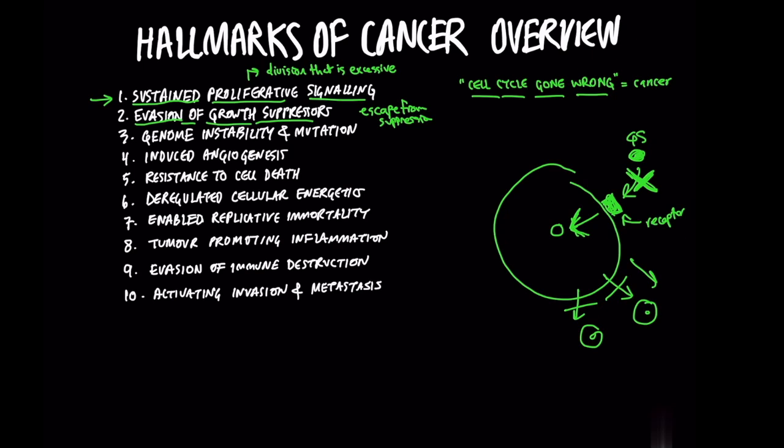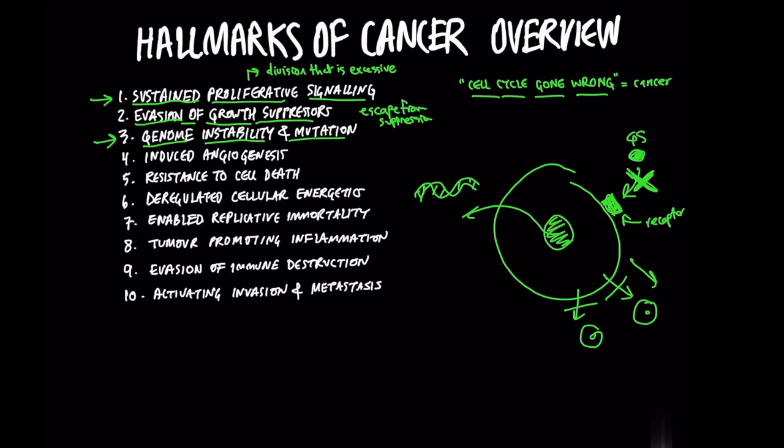Now we said this middle sphere here is the nucleus. The nucleus contains our DNA, roughly represented here, and hallmark 3 tells us genome instability and mutation.